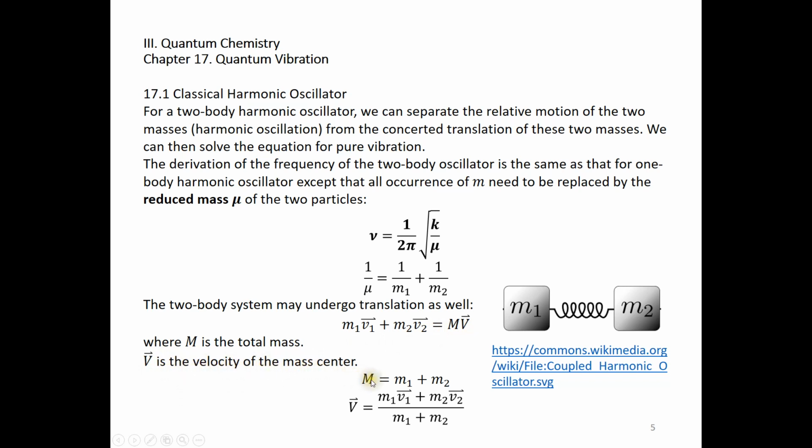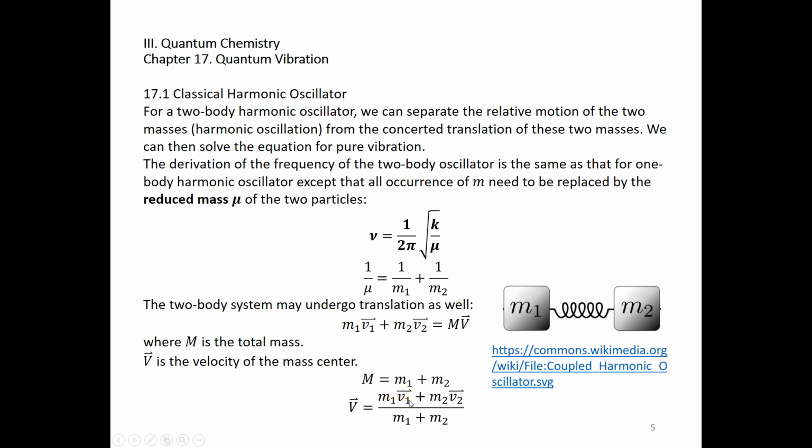The uppercase M is m1 plus m2. This uppercase V, the velocity of the mass center, is m1 v1 plus m2 v2 over m1 plus m2. This V is just the mass weighted velocity.